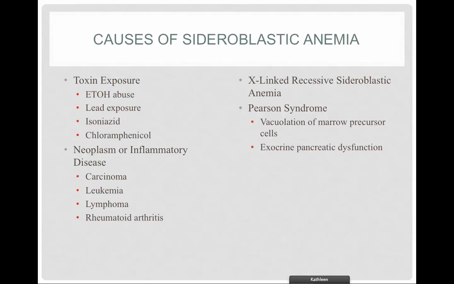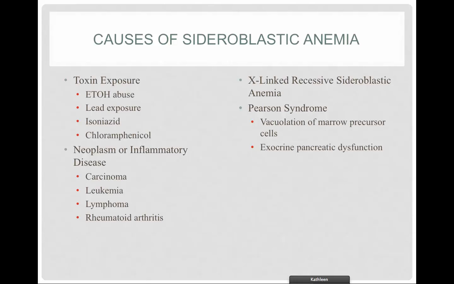Causes of sideroblastic anemia are ETOH abuse, lead exposure, isoniazid, chloramphenicol, which is an antibiotic, neoplasm, and inflammatory disease: carcinoma, leukemias, lymphoma, and rheumatoid arthritis. It also could be X-linked recessive sideroblastic anemia.